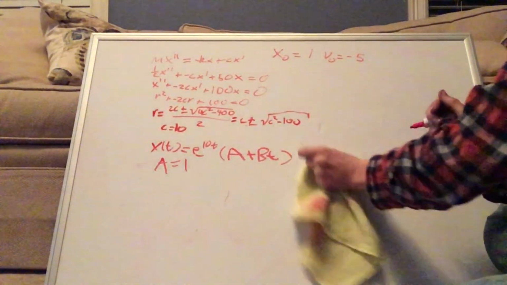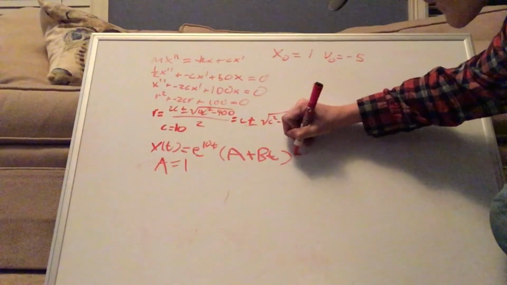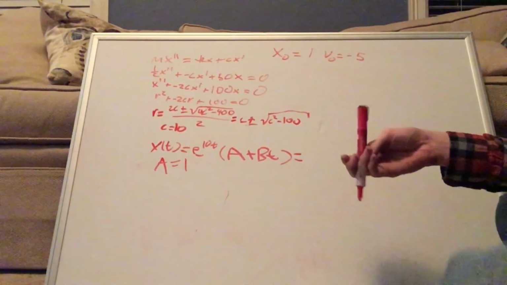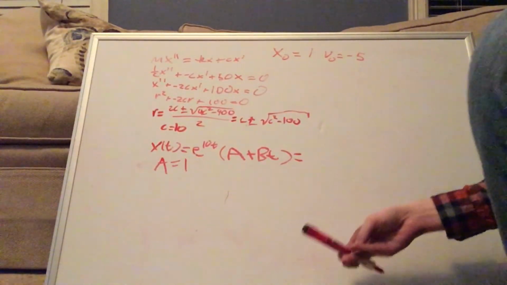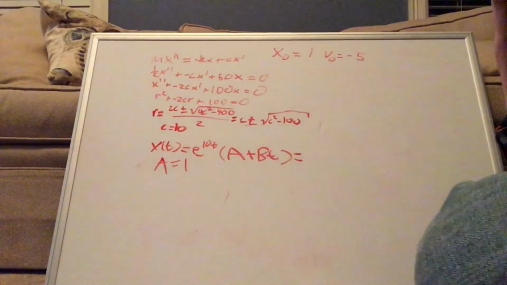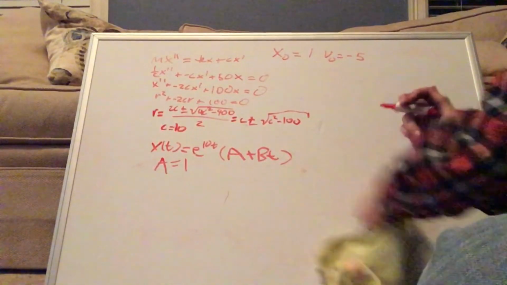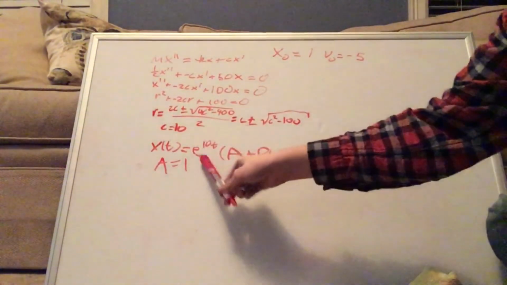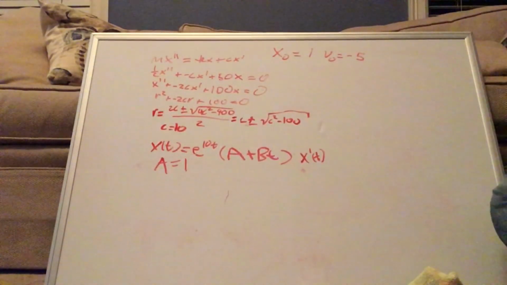I'm going to multiply it out first, because I don't want to have to do the product rule when I don't have to. Oh no, never mind. x prime: left d right, e to the 10t times the derivative of this, which is just b.